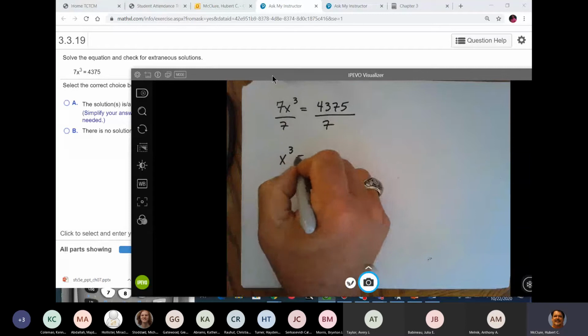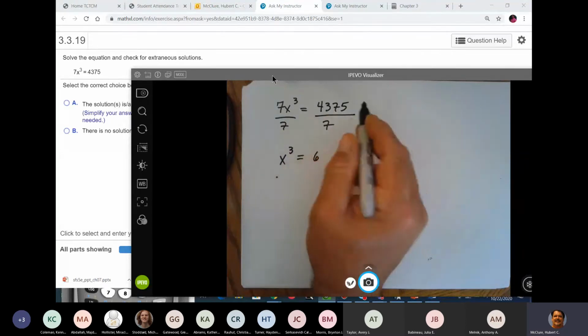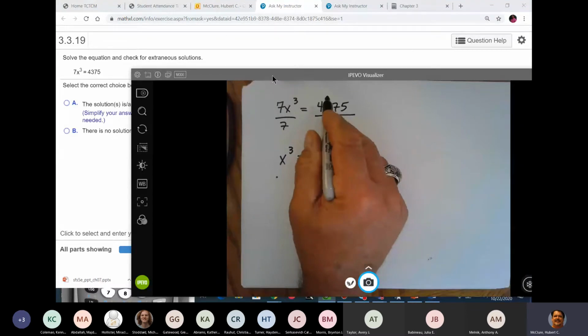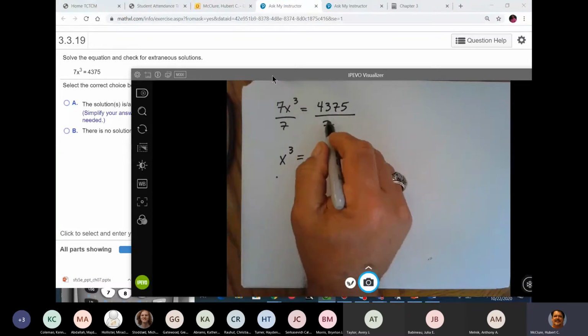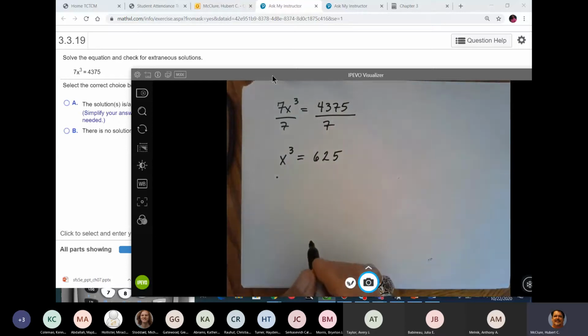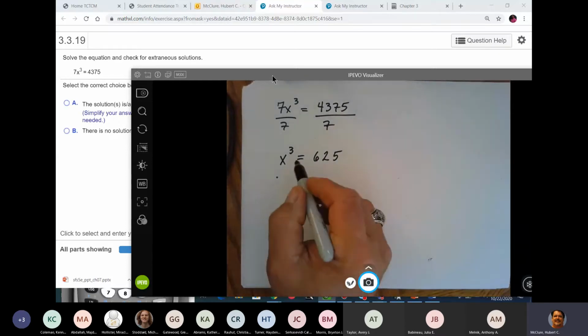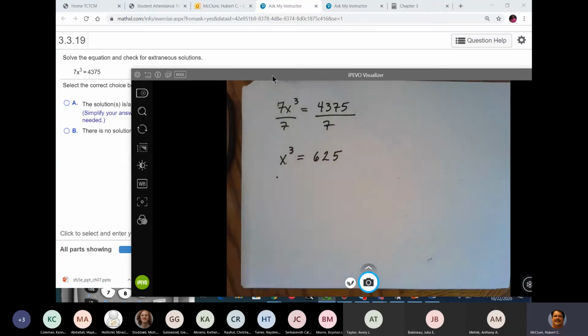Divide by 7. Divide by 7. X to the third is equal to, well, 7 will go in there 6 times. That'll leave a 1. 7 will go into 17 2 times. It'll leave a 3. 7 will go into 35 5 times. Now, in order to undo a cube, you can take the cube root or do it easier. I like to raise it to the 1/3 power.